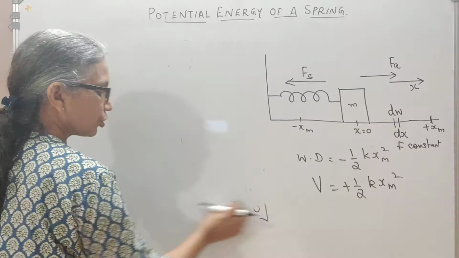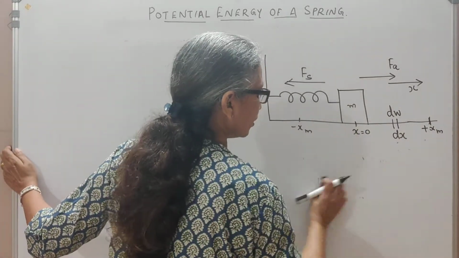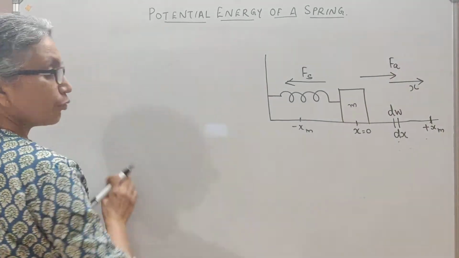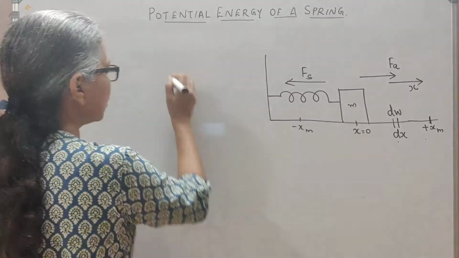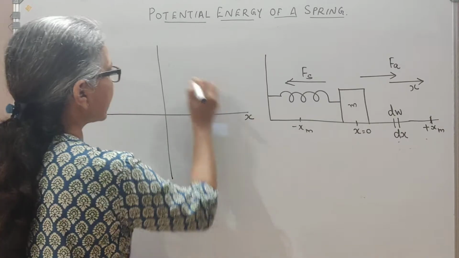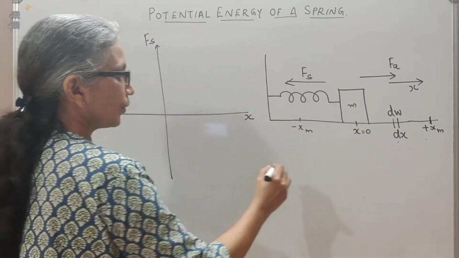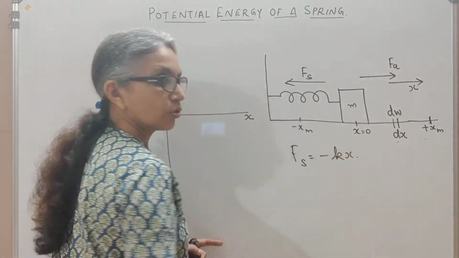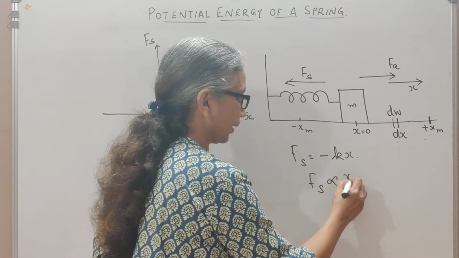Now next I'm going to show you that you can arrive at the same formula for work done by a graphical method. If you draw the graph between the spring force and displacement, we take x here and Fs along this. Because Fs is equal to minus kx, you're going to get a straight line, because Fs is directly proportional to x.